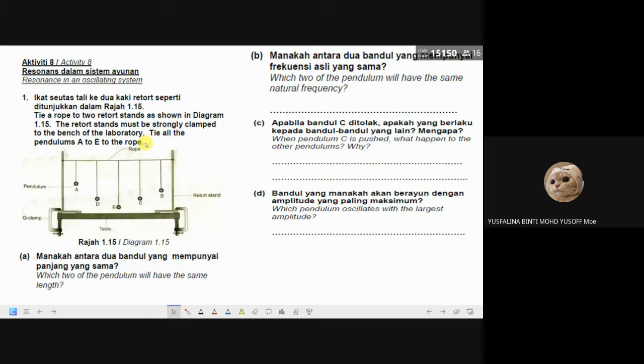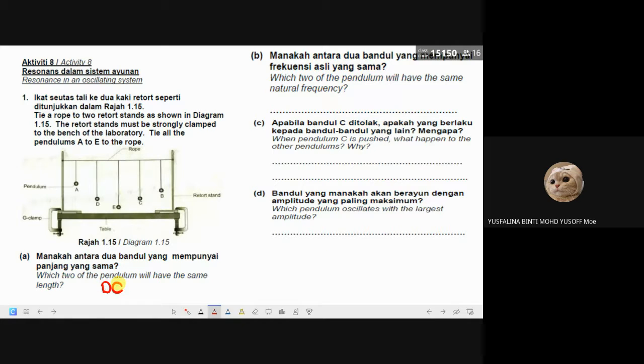Which two of the pendulums will have the same length? A, B, C, D, E, which one? D and C. So you put the answer here: D and C.